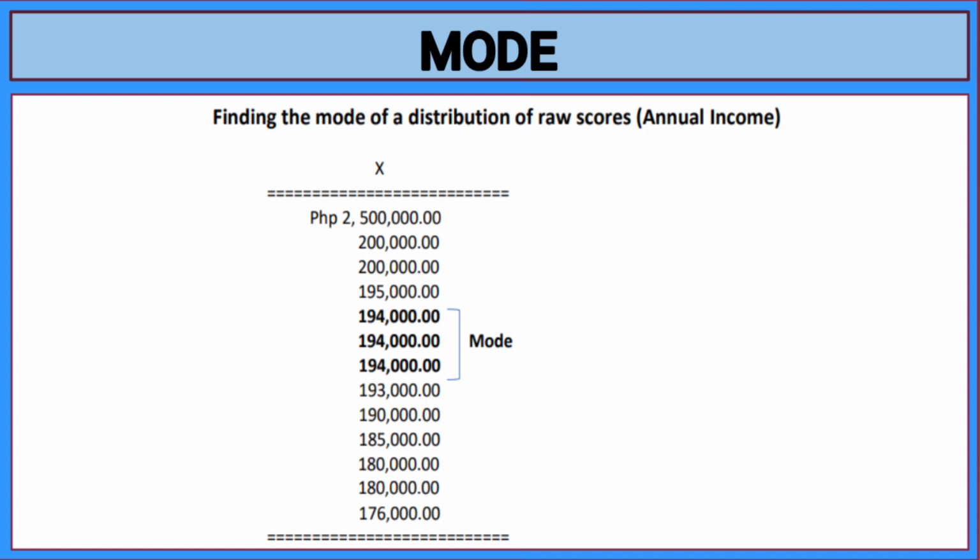Okay, so let me summarize. First, we have the mean. So we're just going to get the average. Mean is equal to the summation of x over the total number of scores. For the median, you're just going to locate the midpoint or the middle position of the distribution.